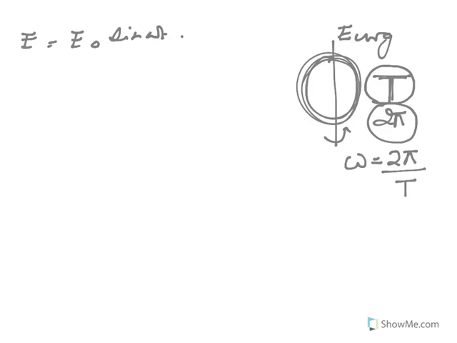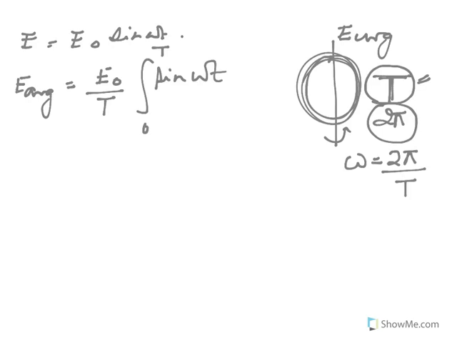So here, if we have to find out E average for the full time t, we can write it as E average is equal to E0 by t and integrate this from 0 to t sine omega t.